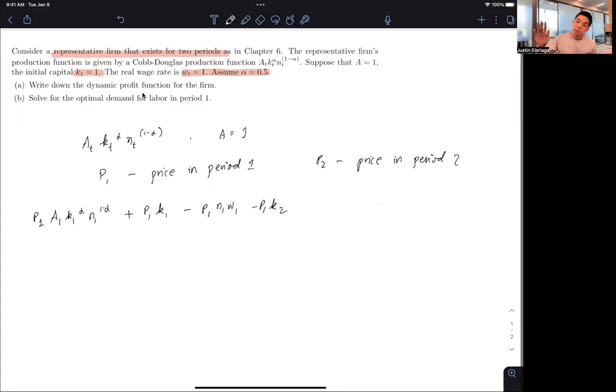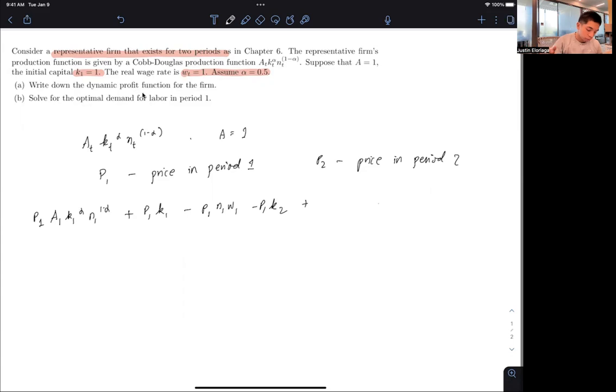The firm makes a decision on how much capital stock it chooses to obtain in one period for the next.